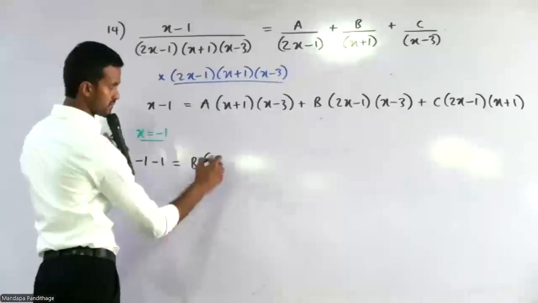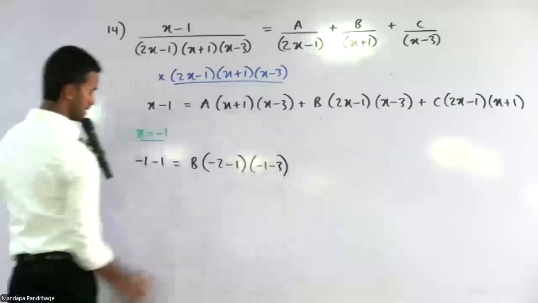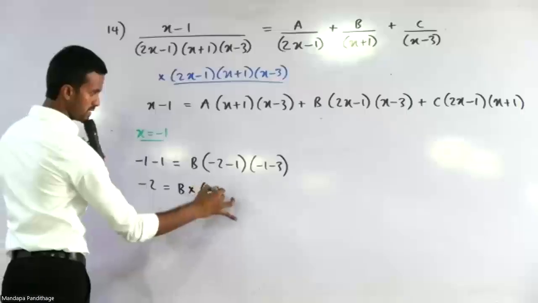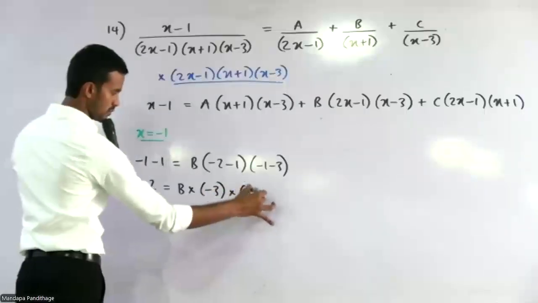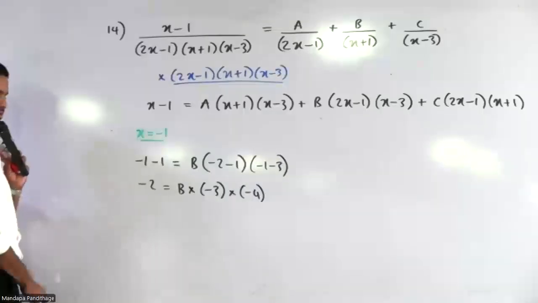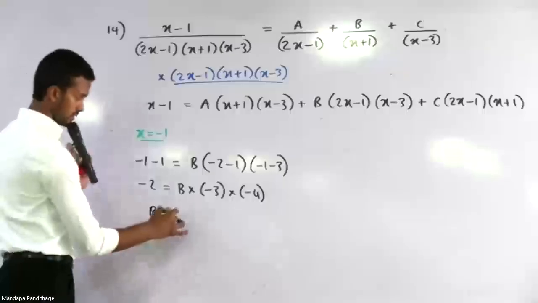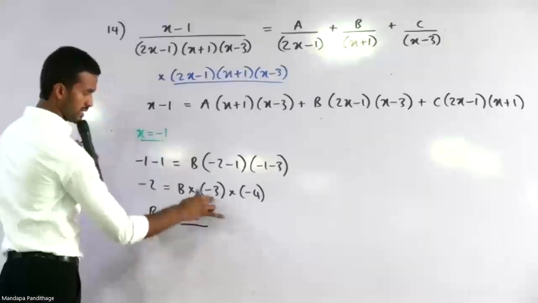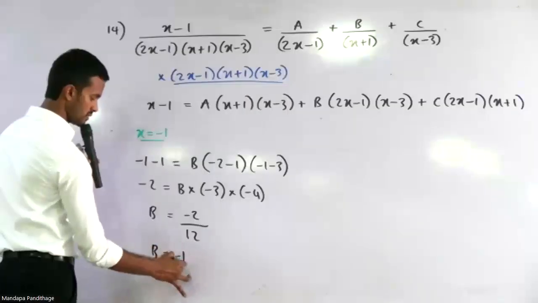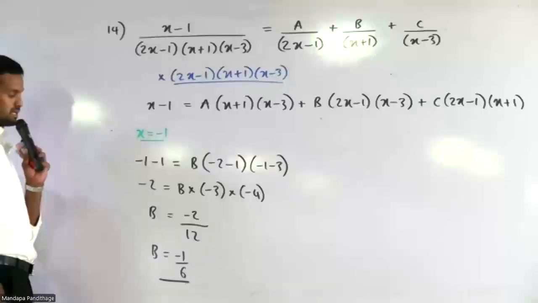So when you put minus 1, it's minus 2 minus 1, and minus 1 minus 3 is equal to minus 2. B into minus 3 into minus 4. You can simplify any way that you like. So B is equal to minus 2 divided by minus 3 into minus 4, which is plus 12. So B is equal to minus 1 over 6.